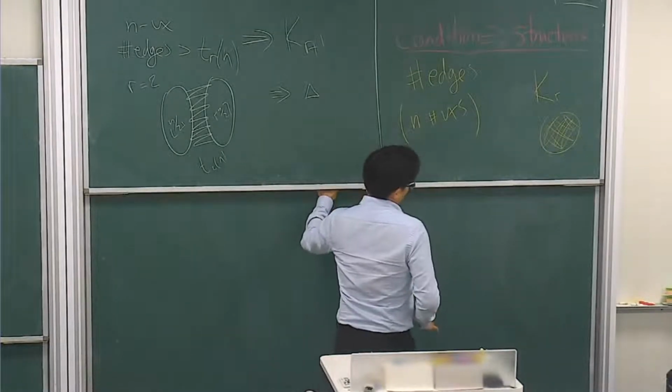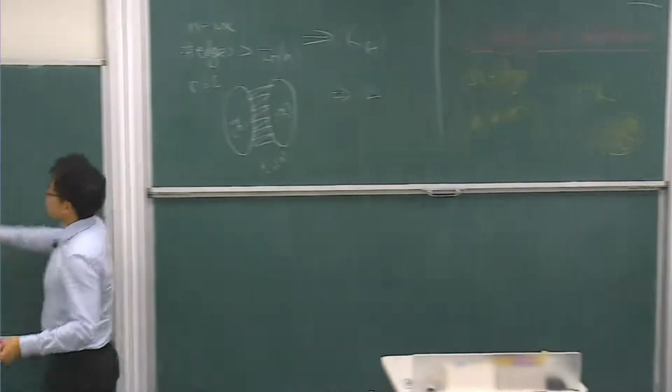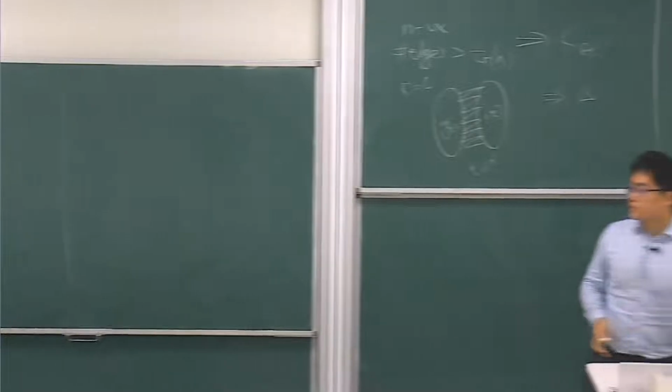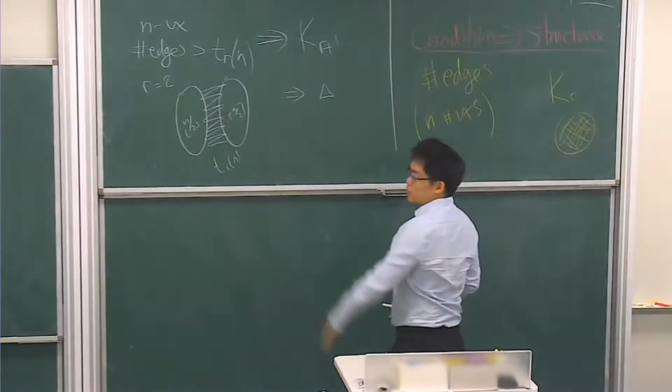Then let me dive right into the problem I want to talk about today. This clique minimization is what happened after this point, when you go beyond this bound.